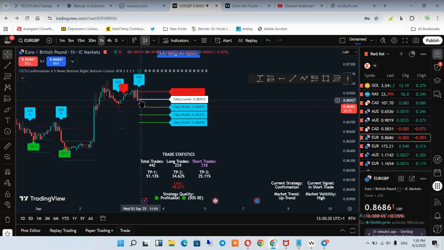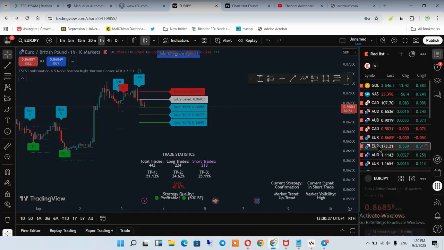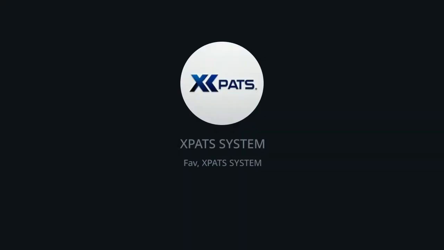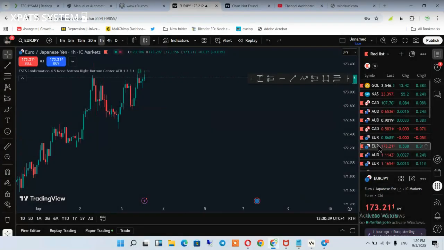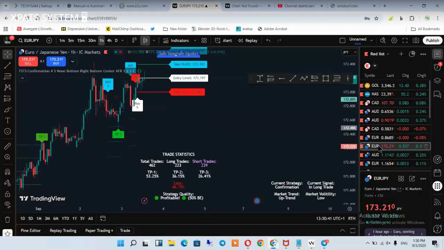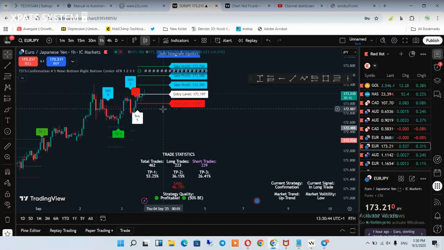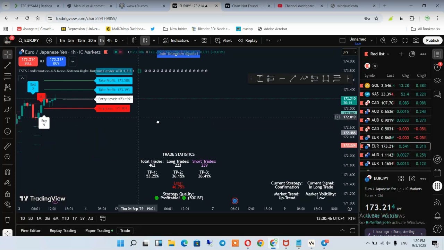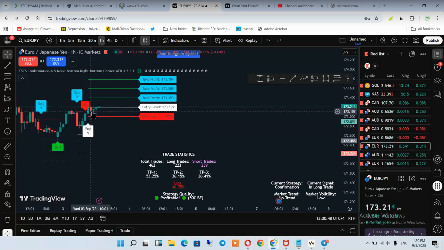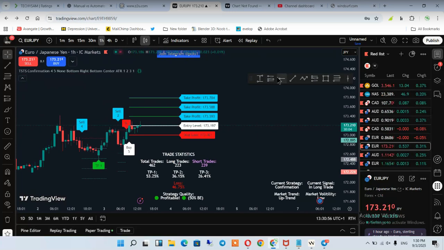Let's check Euro JPY. Are we profitable or losing? We are profitable. Euro JPY gave an entry here, which is still a very valid trade. It gave an entry, went down towards our SL, did not hit the SL, and now it's going in the right direction we want it to go. So I'm going to put a buy here.